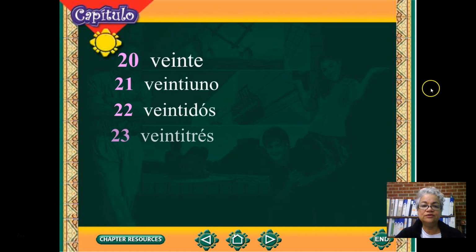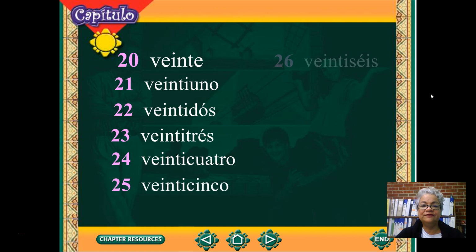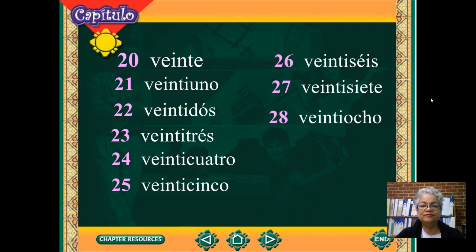For the 20s, they all start with practically the same initial part, 20. So it's 20, 21. It's the and, instead of a Y, it's an I, and then the unit. 22, 23, etc. All the way up to 29.